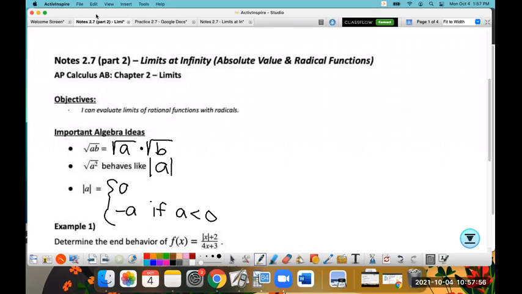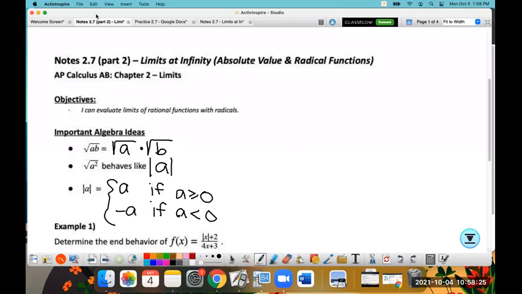So it behaves like just a regular A if all of your values are positive or 0. And it'll behave like negative A if you have negative values. If you think about it, if I have a -5 here, that would go with that second subfunction, right? So it'd have -(-5), which is positive 5.